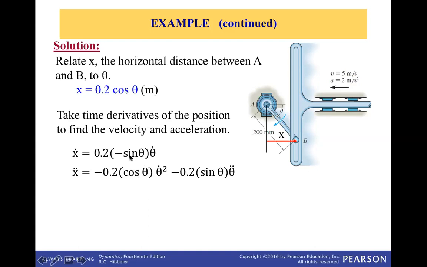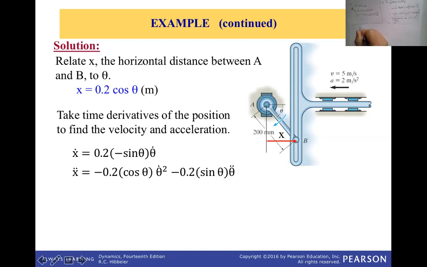For the first one, sine becomes cosine, the negative sign goes in front, and you apply the chain rule to the theta variable, so it becomes theta dot square. So this is what it should have. Let me just show you here because it doesn't have the full picture. So x dot, let's get over here.